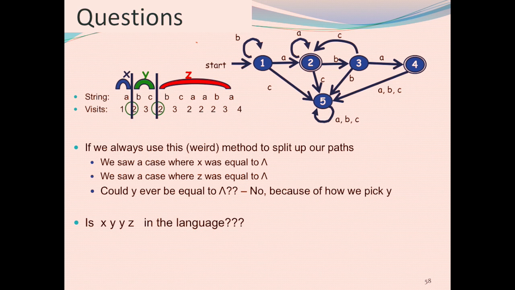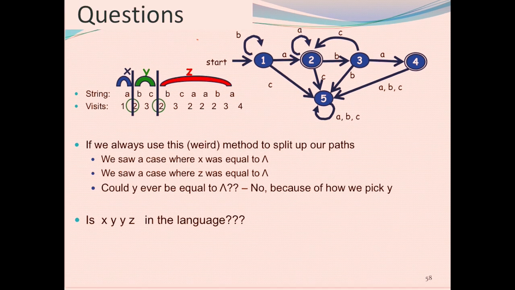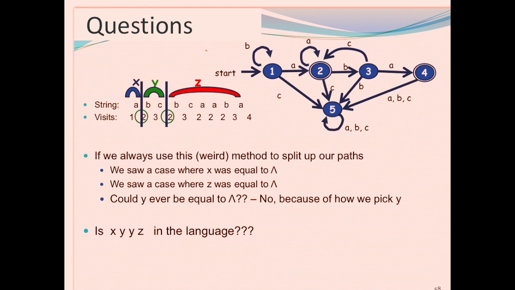But if you think about the more general case here, the y piece always has the same number on these lines. So I started at 1, then I went to 2, then I did some stuff, I got back to 2, and I did some more stuff. This in-between bit is some steps that start and end at the same state.